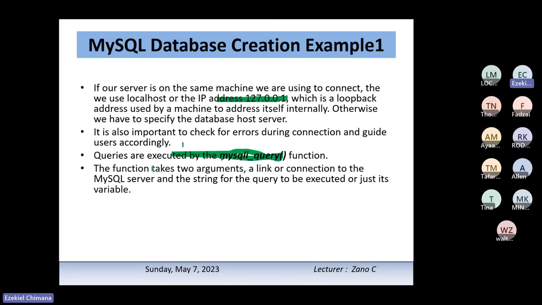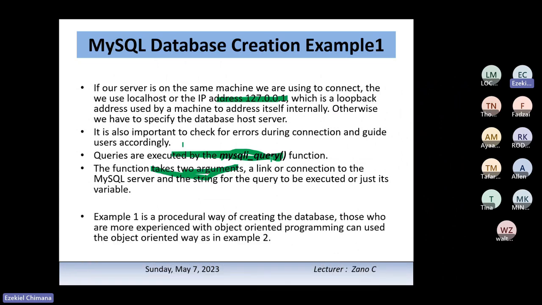So the function takes 2 arguments: the link or connection to the MySQL server, and then the string for the query to be executed. So it's the connection and then the query that you want to be executed. You are now sending it to the database using MySQL query. Remember, we used MySQL connect to connect. For any query, inserting or taking some data, you are now using MySQL query.